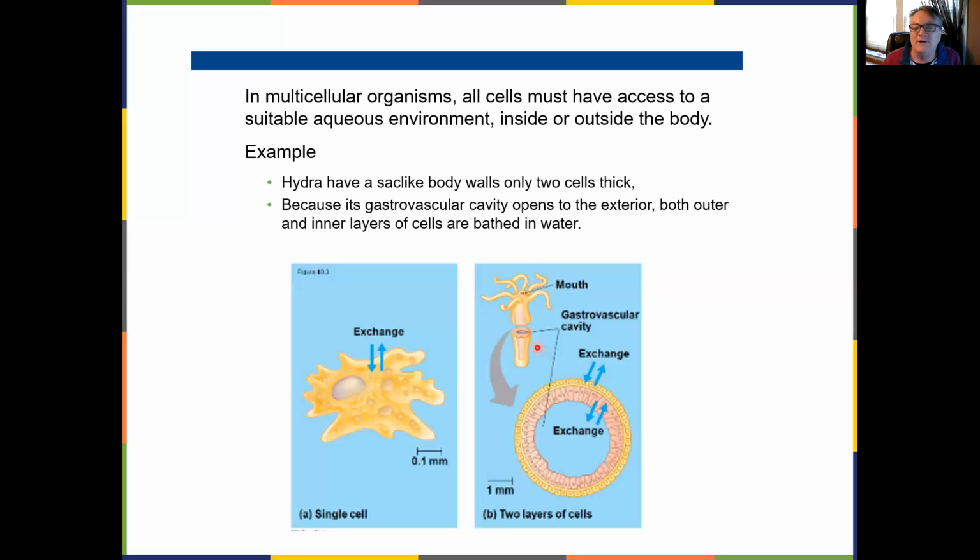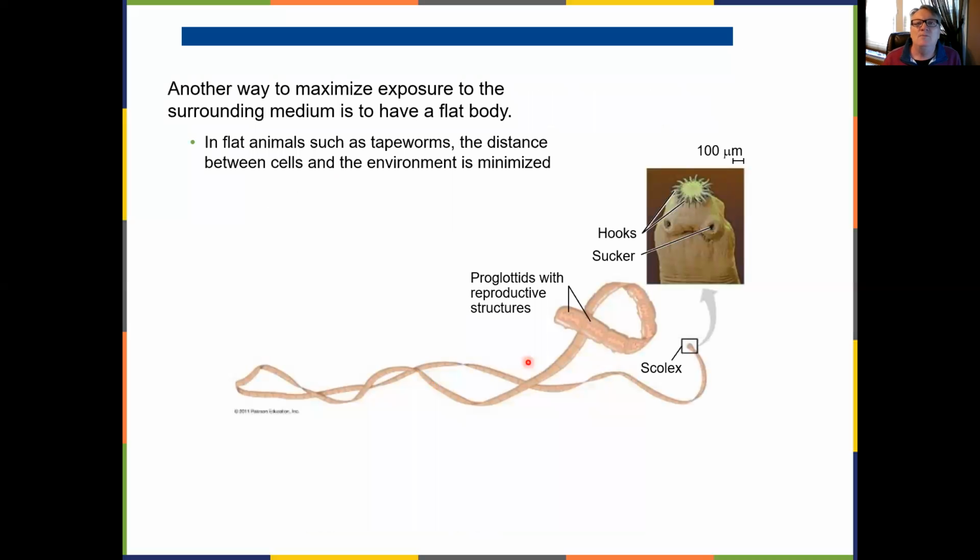So animals like this are always going to be very, very small. So how are we going to become a large organism? Well, we need to find another way to try to maximize our exposure to the environment.